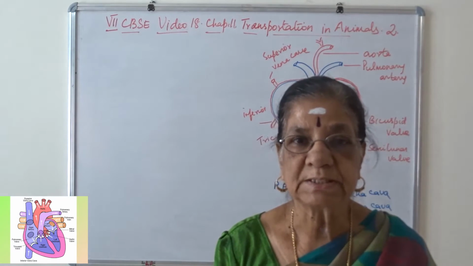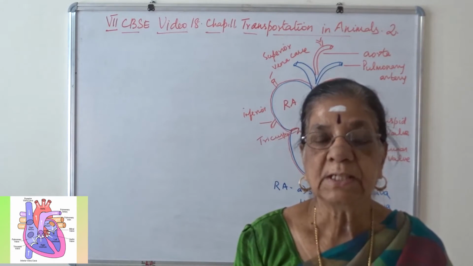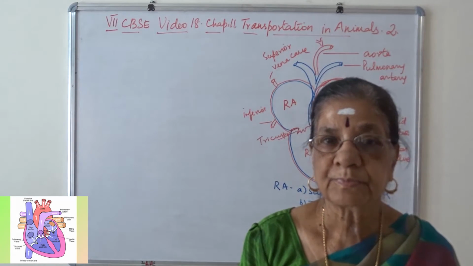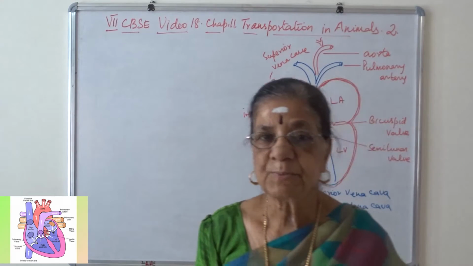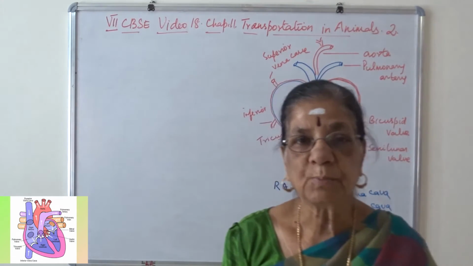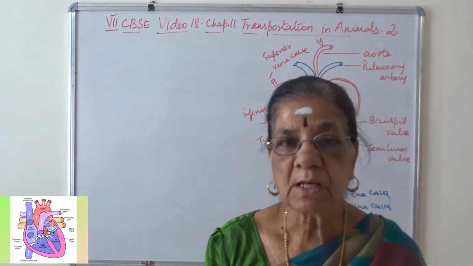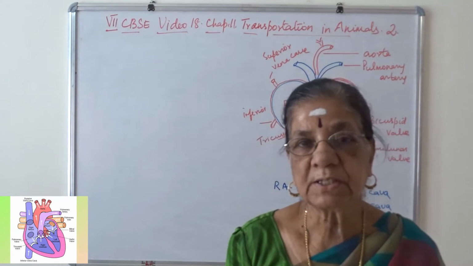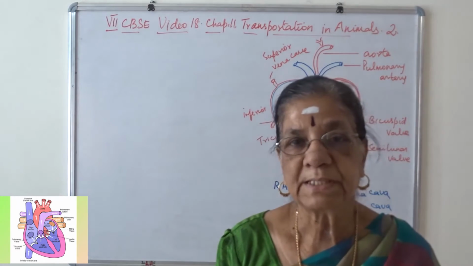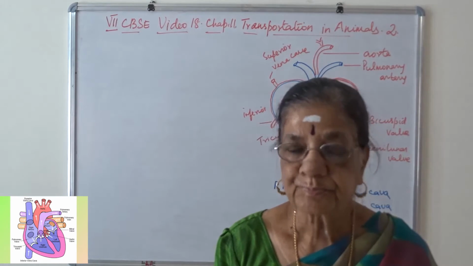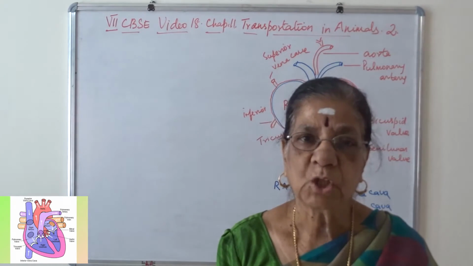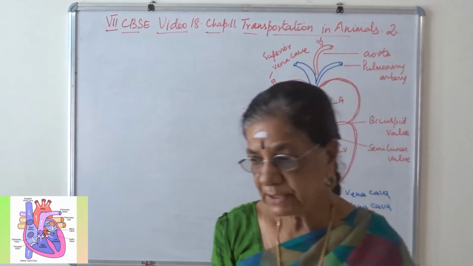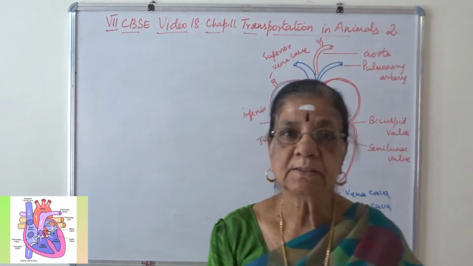Recollect those points. Then we spoke about size and shape and lifespan. Remember, they are produced by bone marrow; RBC are destroyed in the liver and spleen; WBC form pus; and platelets are for blood clotting.